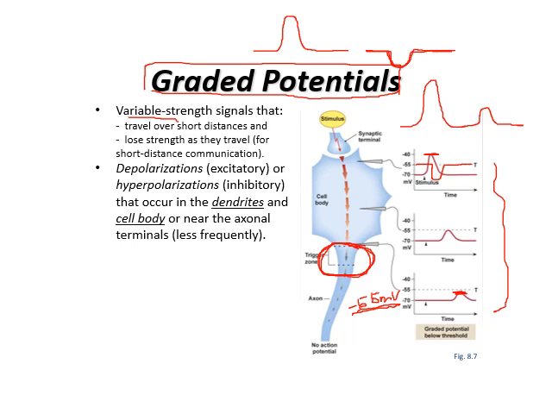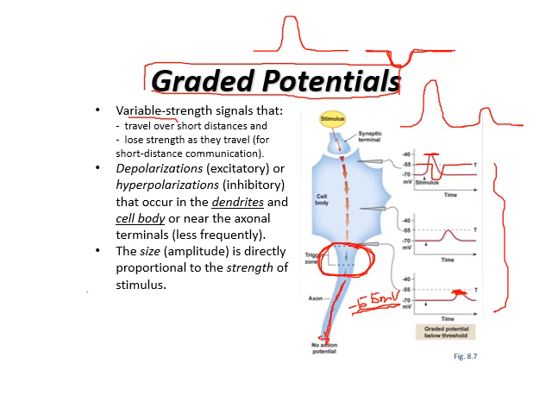Our graded potentials have to get this region of the membrane up to negative 55, and then an action potential will be sent. You can see this stimulus here, when we reach the trigger zone, we are below that threshold, so we would not have an action potential. So the size and amplitude we see up here is directly proportional to the stimulus strength. If we have a larger stimulus, the amplitude over here might be much larger.